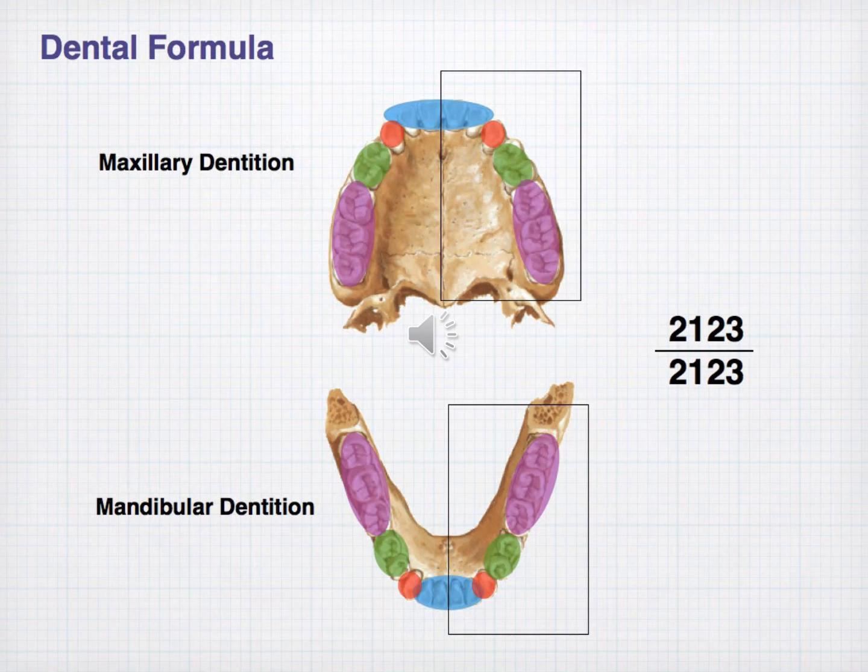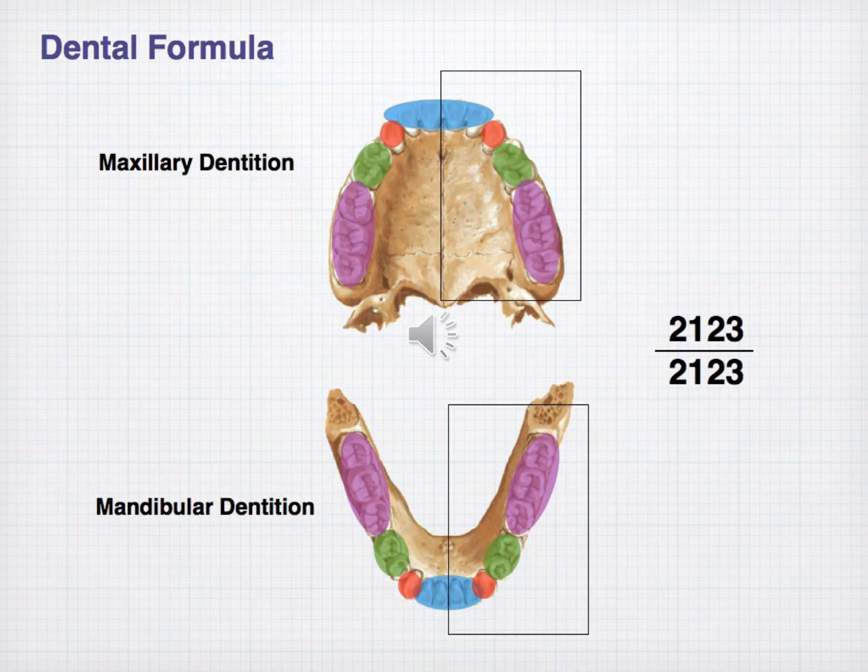When you look at the dental formula, you can see this number off to the right in black and bold. It says 2, 1, 2, 3, and it kind of looks like a numerator and a denominator. The one on the top, the numerator, represents the maxillary dentition, and the denominator, or the bottom, represents the mandibular teeth.